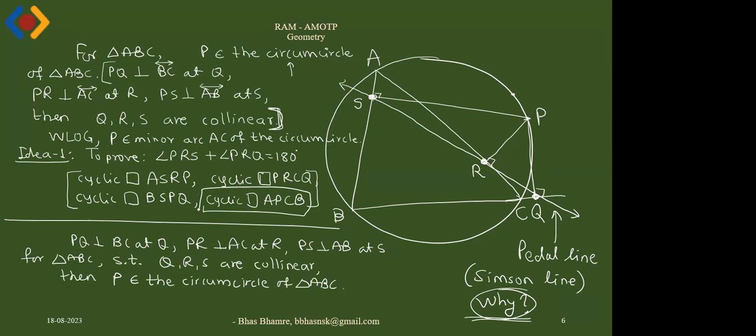Because of the perpendicularity, we have those cyclic quadrilaterals, and then we try to figure out that angle APC is 180 minus B, or whatever the name comes according to the point P where we consider, then we can show it easily. Okay, so that is our Simpson line.